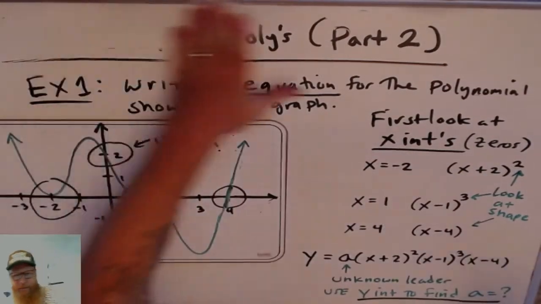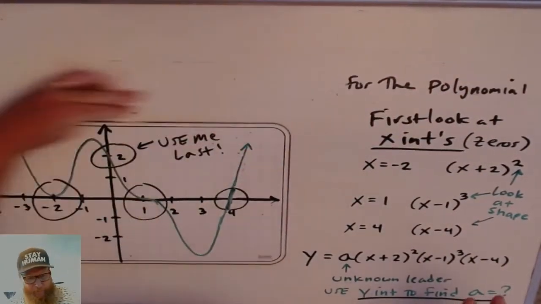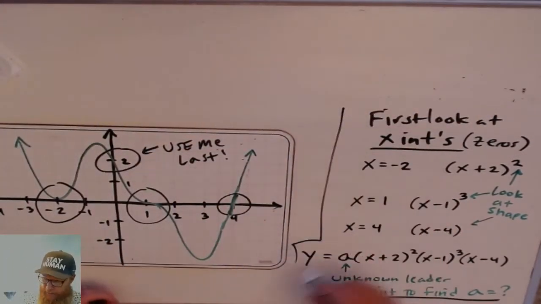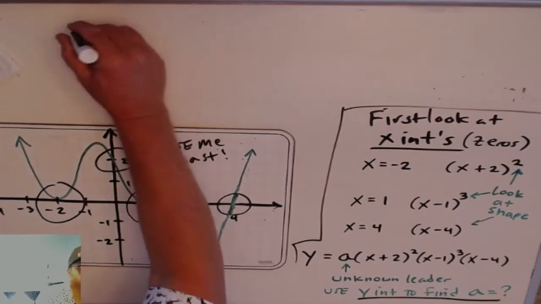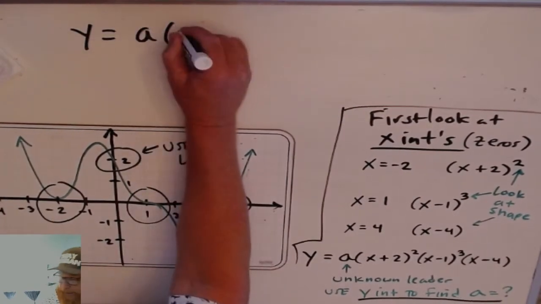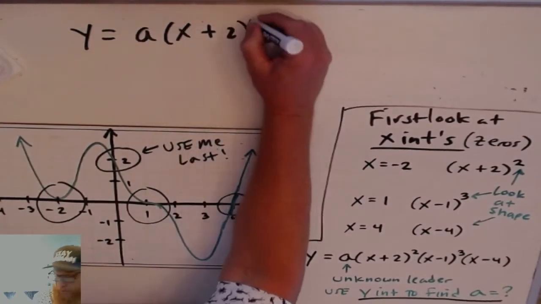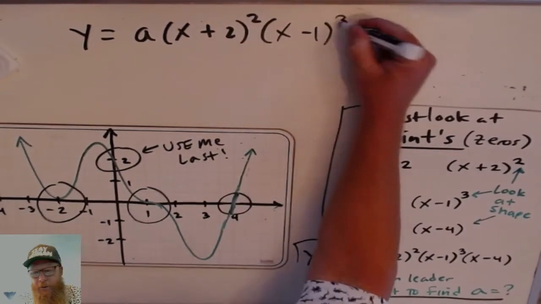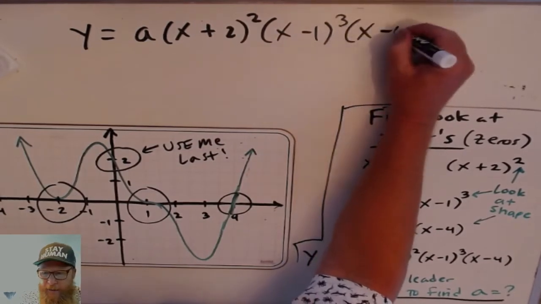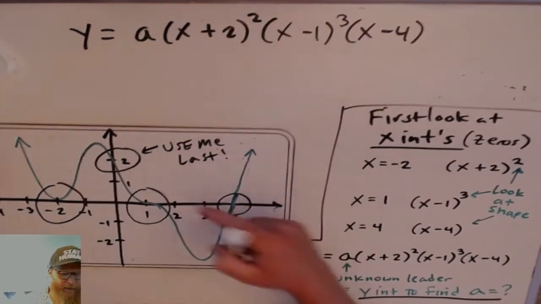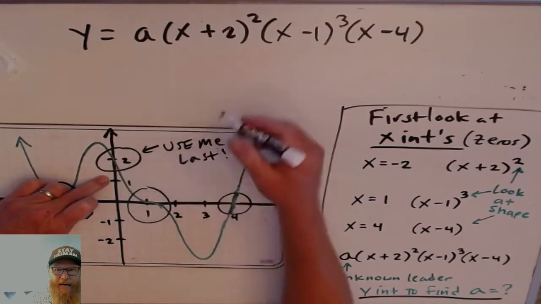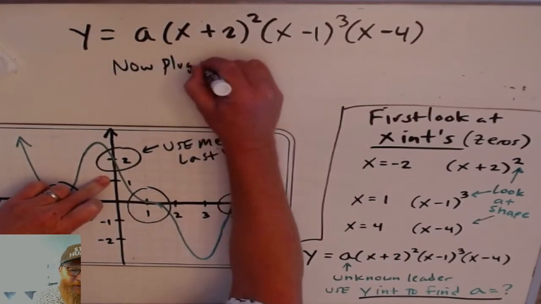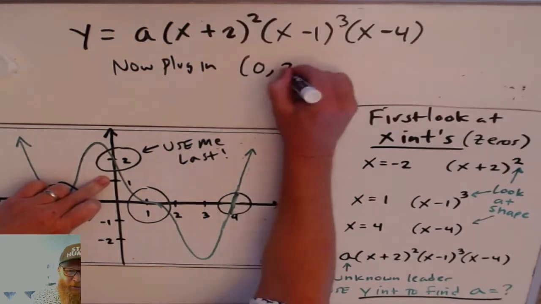I'm going to need to use some of this space up here. OK, so what do we have? We have y equals A times x plus 2 squared times x minus 1 cubed times x minus 4. And we know the y-intercept is (0, 2).